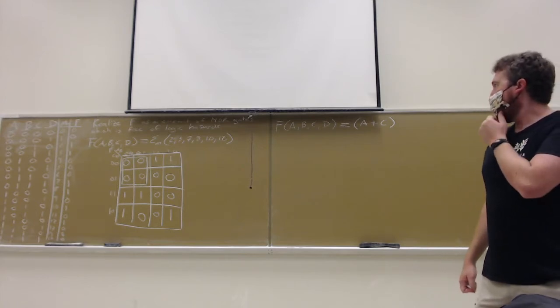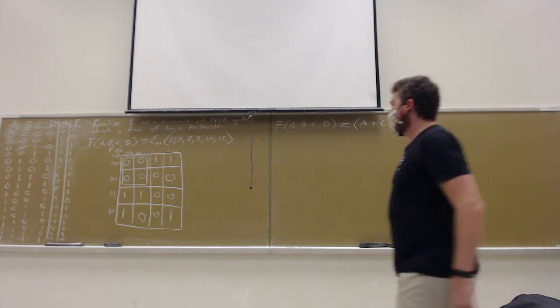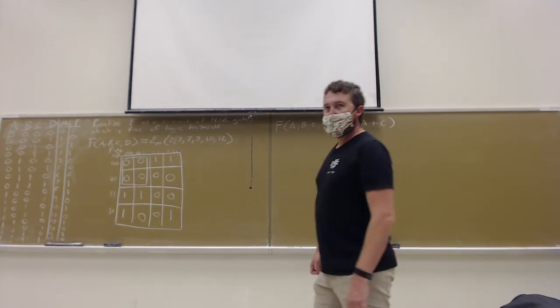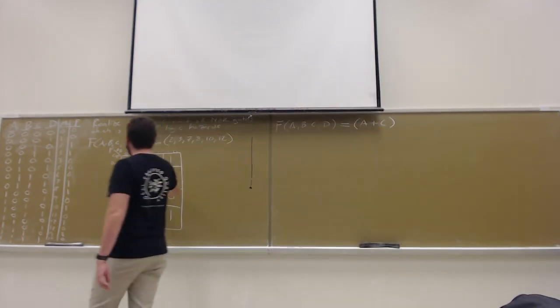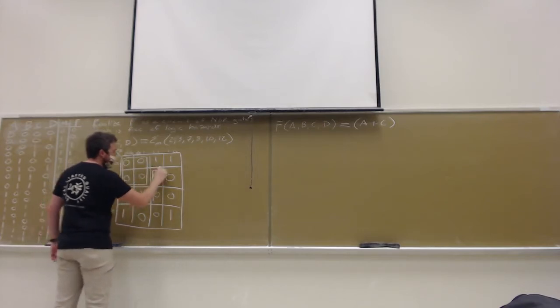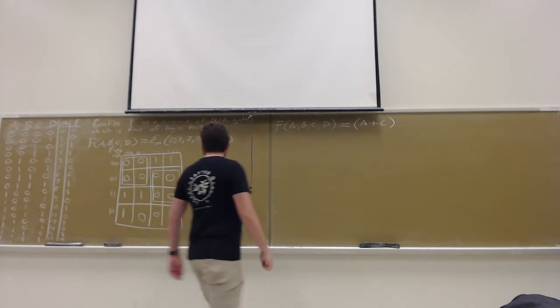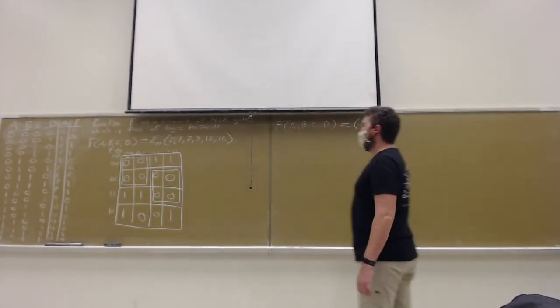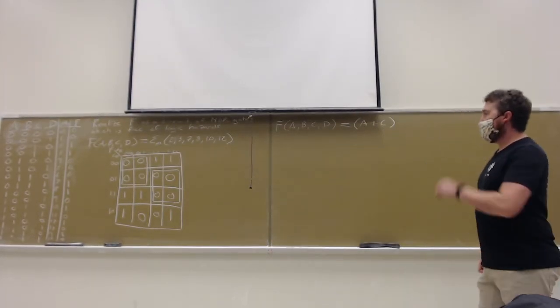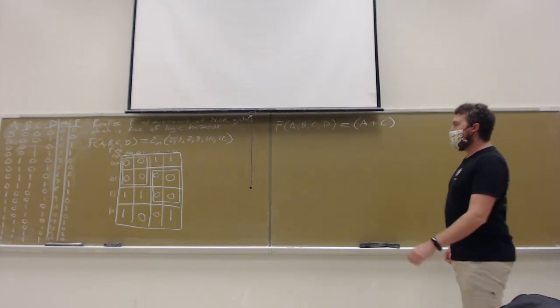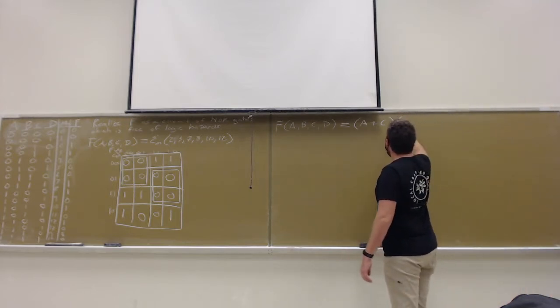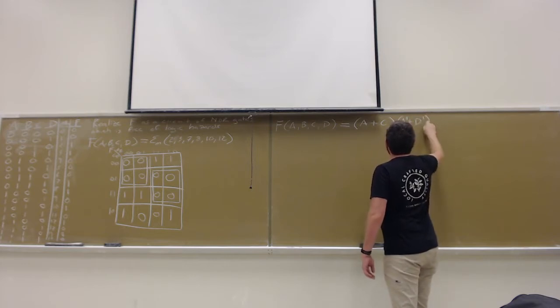And then the middle four on the right corner. These guys? Yeah. All right, now that's going to get us what? A is 1, and D is 1, so A prime or D prime.